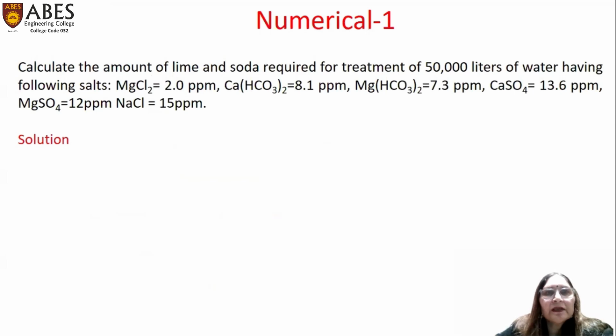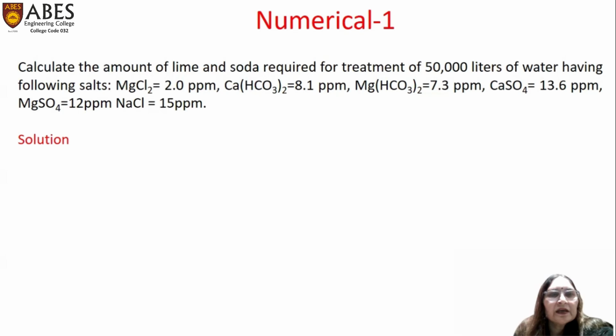Now, the first numerical is: calculate the amount of lime and soda required for the treatment of 50,000 liters of water having the following salts: magnesium chloride 2 ppm, calcium bicarbonate 8.1 ppm, magnesium bicarbonate 7.3 ppm, and calcium sulfate 13.6 ppm.